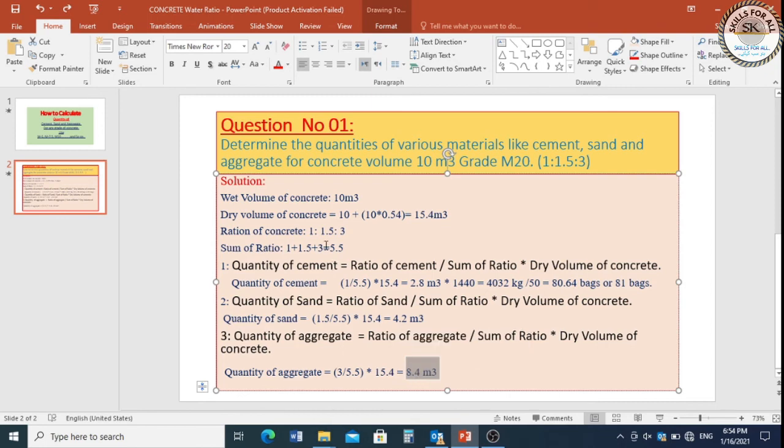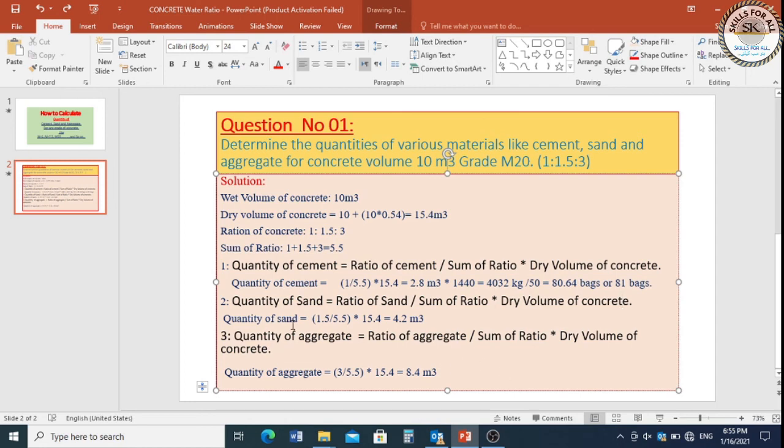So for 10 cubic meter of concrete we need 81 bags of cement and 4.2 cubic meter of sand and 8.4 cubic meter of aggregate for M20 grade of concrete.